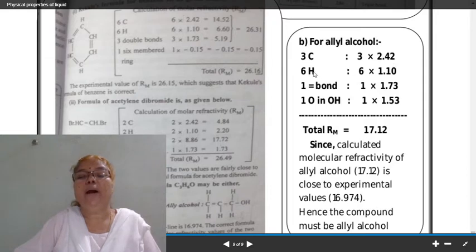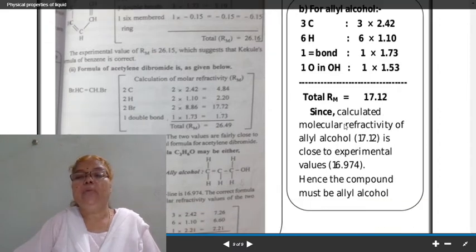For 6 hydrogens, the value is 6 into 1.10. For 1 double bond, 1 into 1.73, and 1 oxygen in OH, that value is 1 into 1.53. And after taking the product of these and summing, we have the total value, it is 17.12.